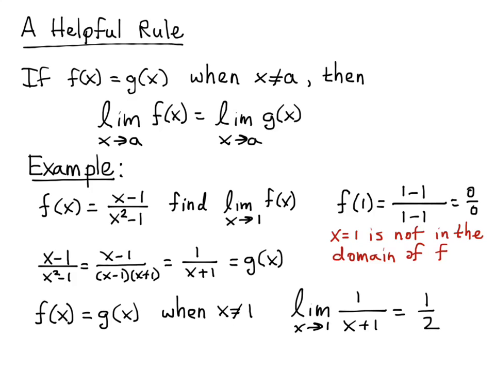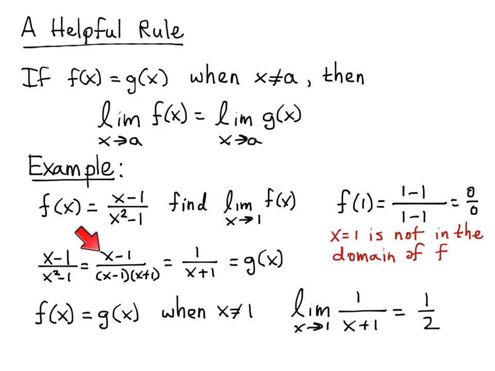So think about this. What this is saying is, think about what we know about rational functions, and this is part of why we went through all those exercises earlier about what the graphs look like. When we have something like this here, if we were to graph that, what we would get is the graph of 1 over x plus 1 with a hole at x equals 1, right?